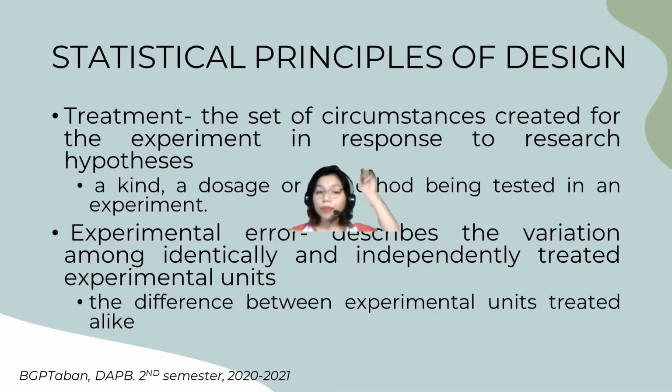But what is used as treatment for a single experimental unit is just the same with another separate experimental unit. Or otherwise saying, the difference between experimental units treated alike, or the variation between experimental units. So if our experimental unit is a plant, the variation between two corn plants or the leaf sheaths of two corn plants treated alike, okay?